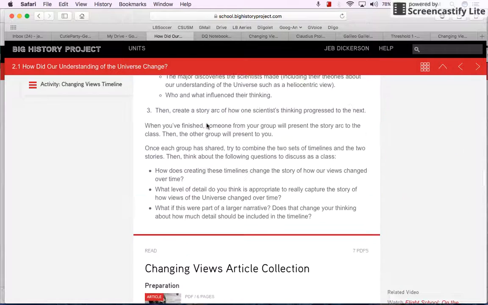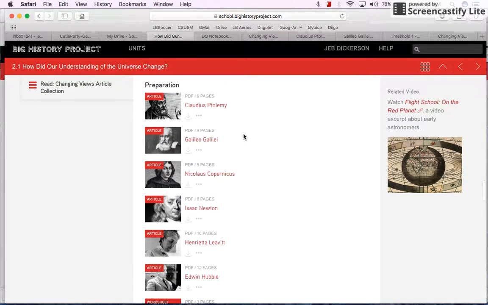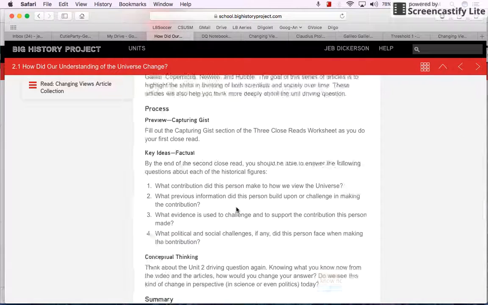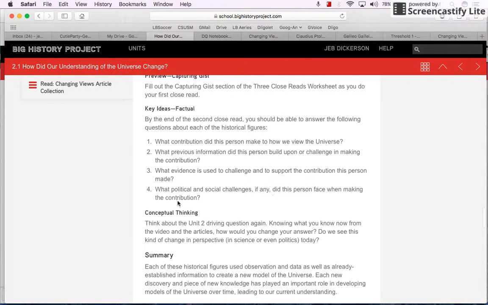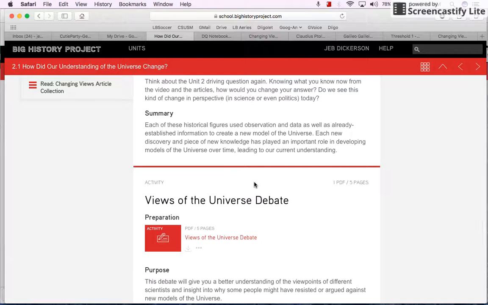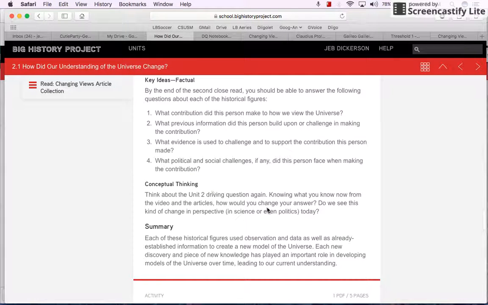So in the section above, you chose to read either Ptolemy and Galileo or Copernicus and Newton. And now for this one, either Leavitt or Hubble. So that's a total of 3 that you've read. And in your notebook, you should answer these questions about the 3 that you read, each of them. Okay, and that's it there. Oh, and the conceptual thinking as well.